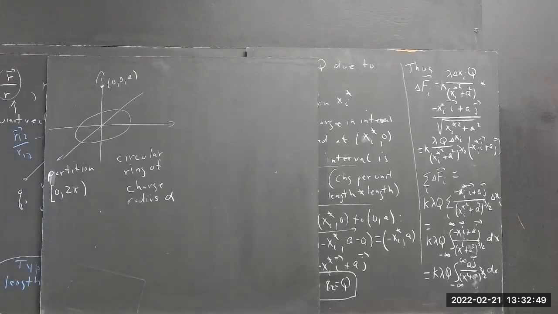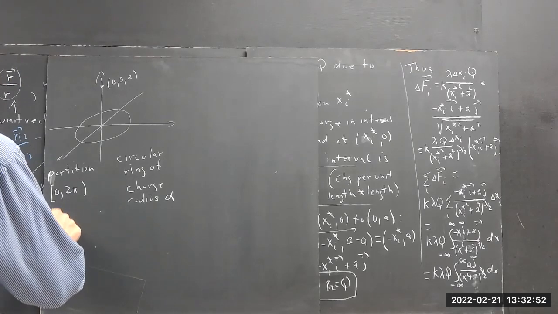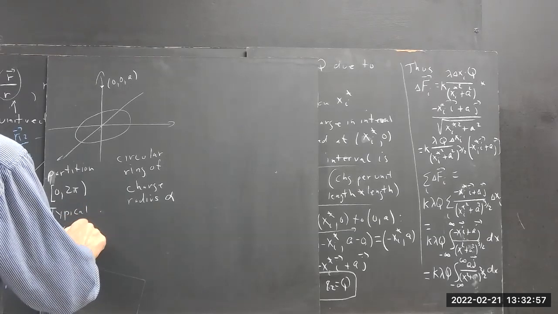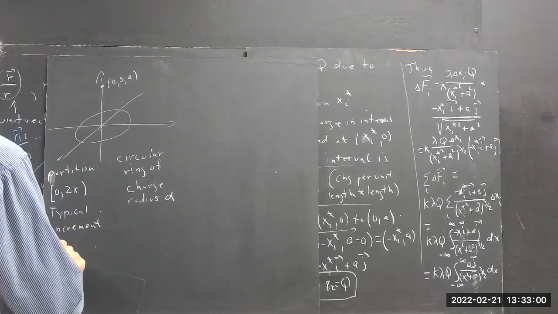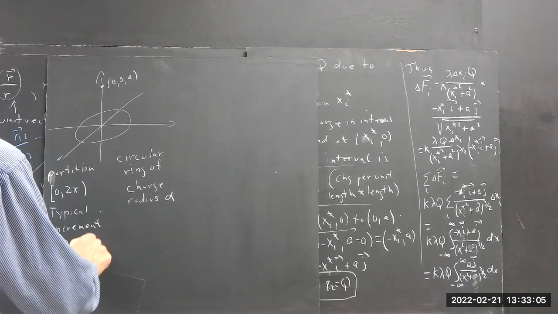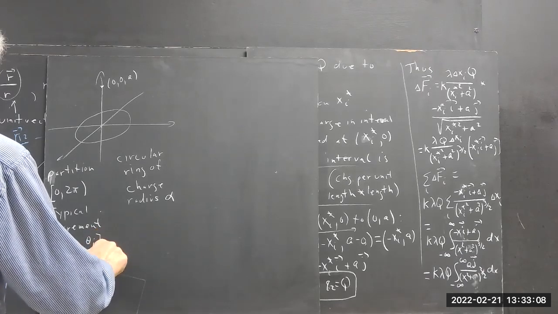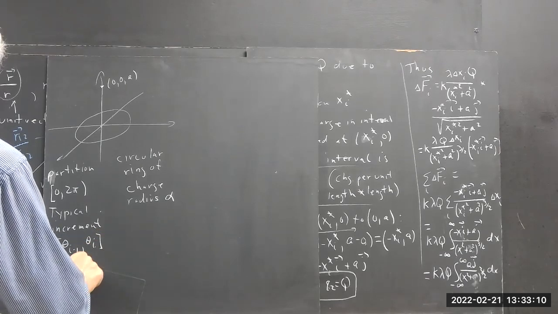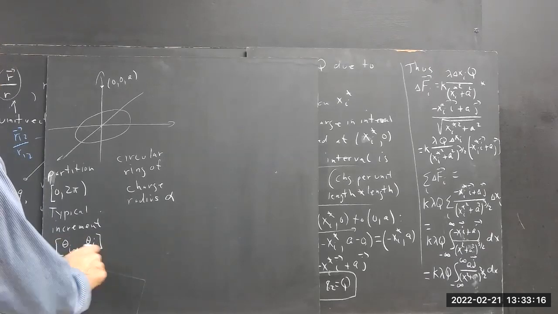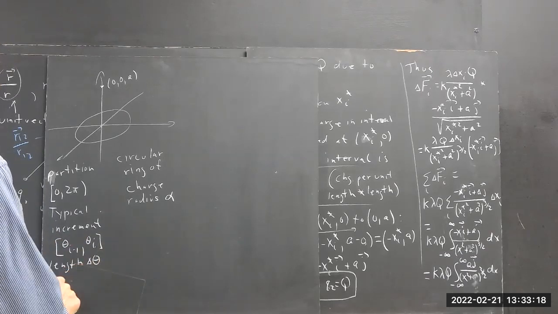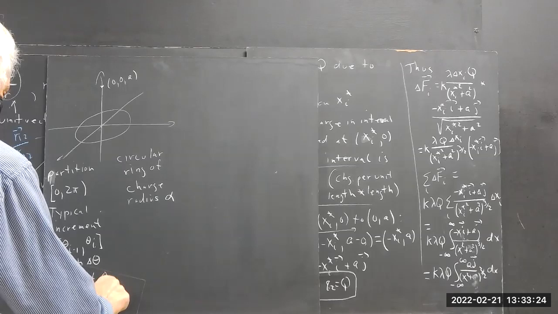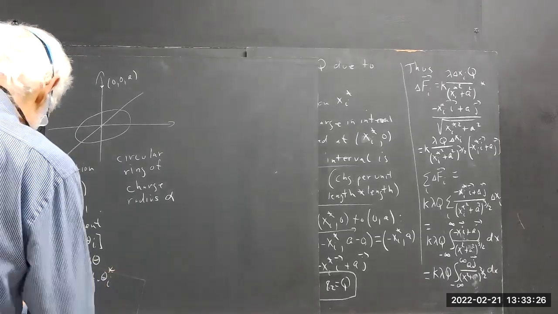Partition the interval 0 to pi. Typical increment theta, I minus 1 theta, I length theta. Sample point theta, I star.